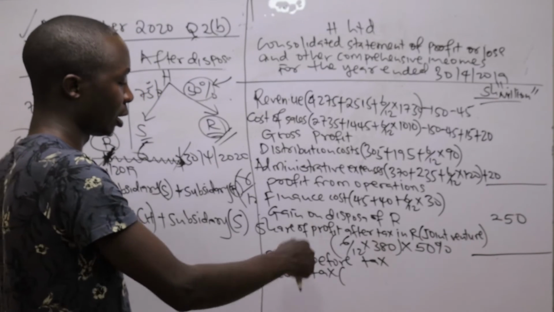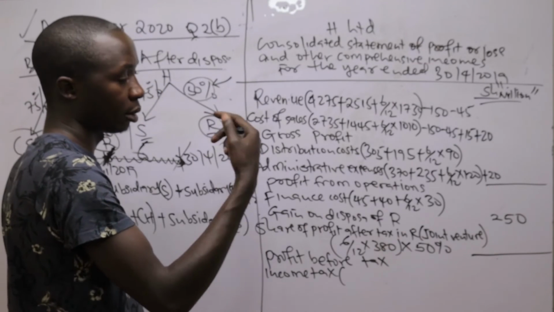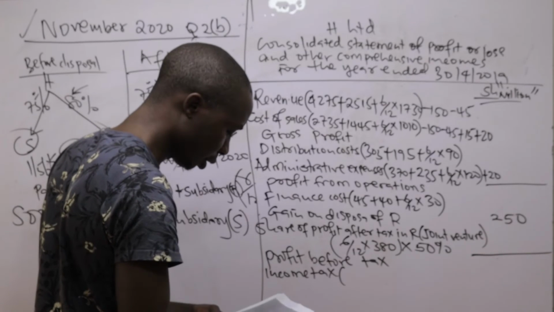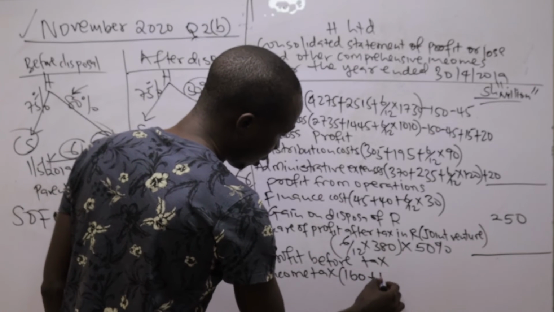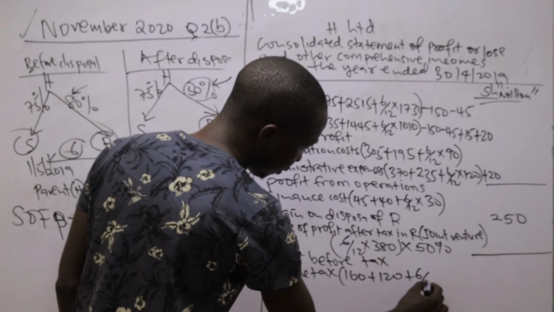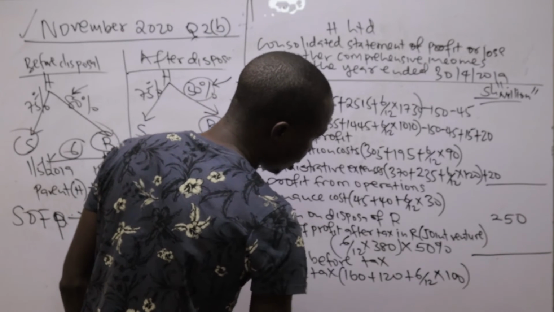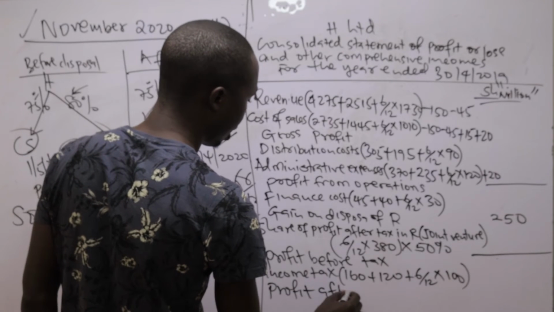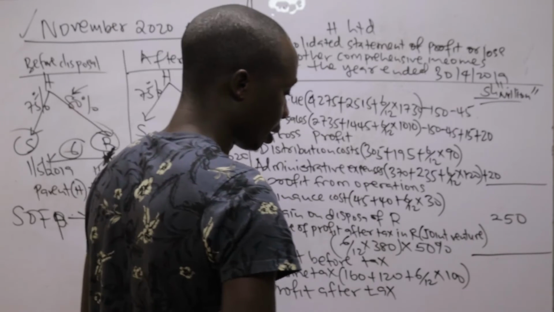No. So we have to reduce the tax of the parent and subsidiaries, for the time S was a subsidiary and R. The tax given here is 160 plus 120 plus 6 over 12 times 100. So that we get the profit after tax.